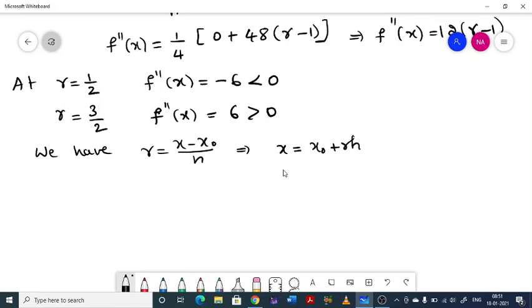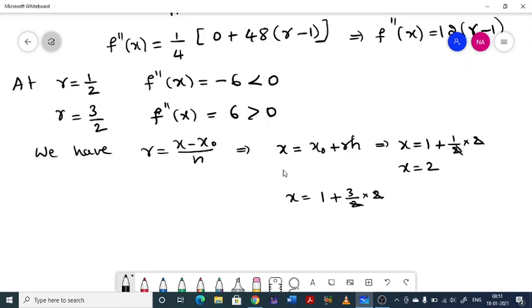So x naught is 1 plus r, first take 1 by 2, 1 by 2 into 2 get cancel, so x equal to 2. And similarly at 3 by 2 you will be having x equal to 1 plus 3 by 2 into 2.